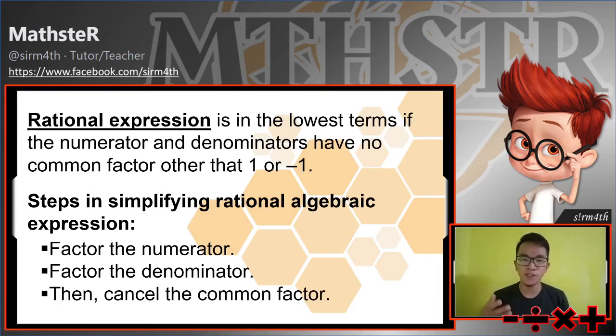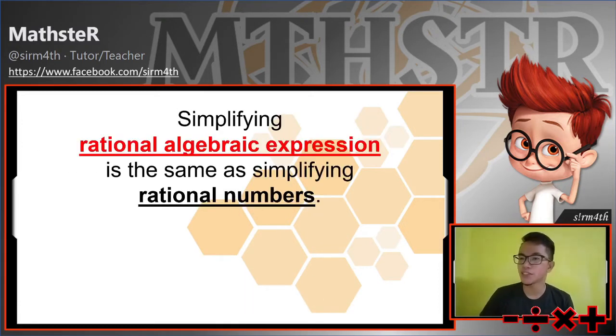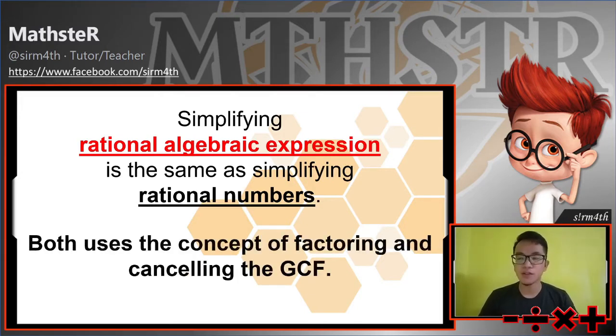Okay? So if we already factored the numerator and the denominator, we are able to cancel the common factor of both of them. So simplifying rational algebraic expressions is the same as simplifying rational numbers, okay? Because both use the concept of factoring and canceling the greatest common factor.